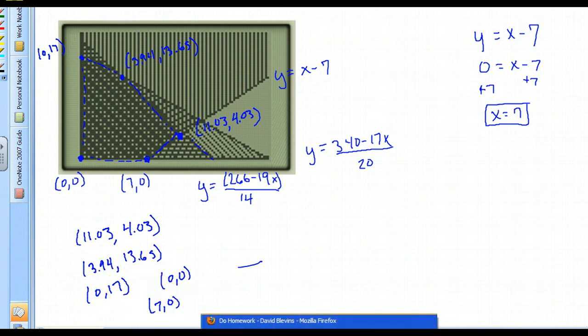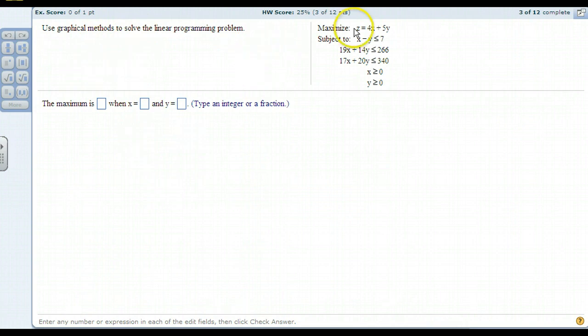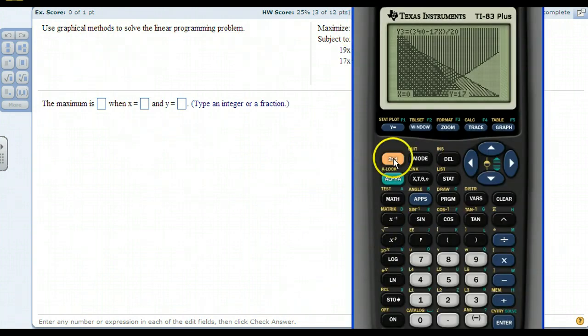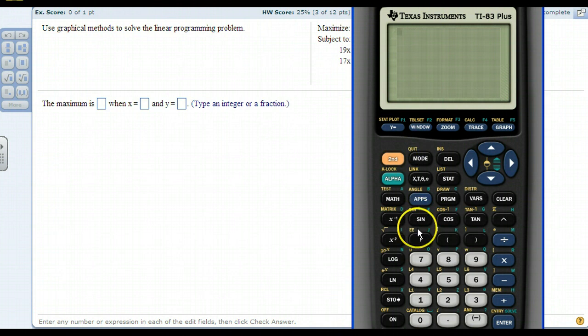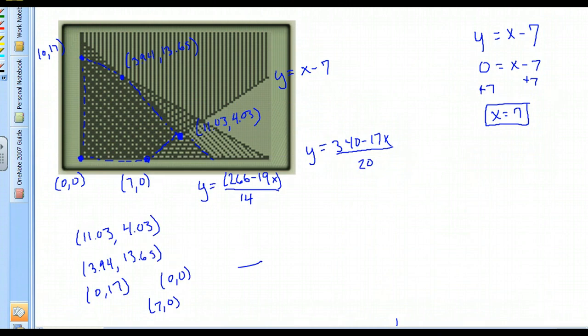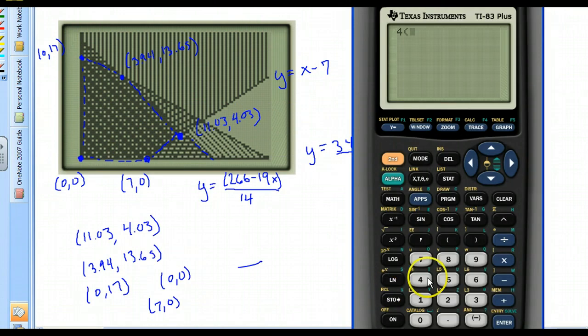Alright, now go back, get our 4x plus 5y function. Let me bring this back up. 11.03 x plus 5, y is 4.03.